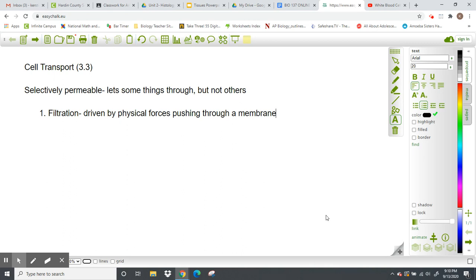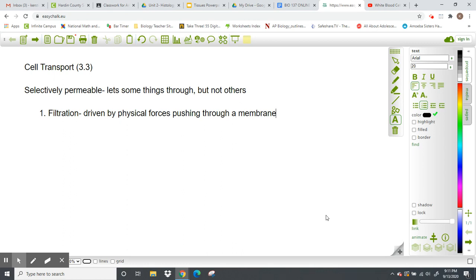At the front end of a capillary bed, and we'll learn about this when we get to the circulatory system, the pressure is so high that it pushes a lot of things out of your blood vessels through the spaces between the cells. And then at the end of the capillary bed, the pressure outside of the vessels is going to be higher, so it pushes things back in. So it helps to push a lot of the ions and some of the water out of the blood, and then the waste and things come back into your capillary to get back to your heart and for things to leave your body.